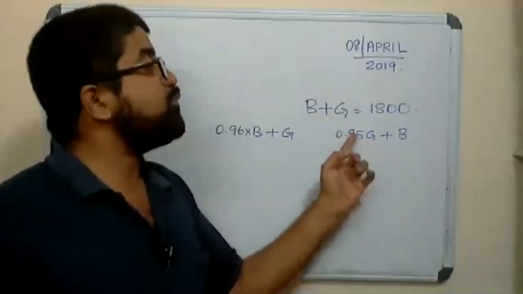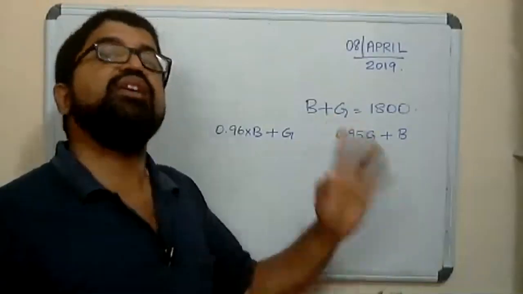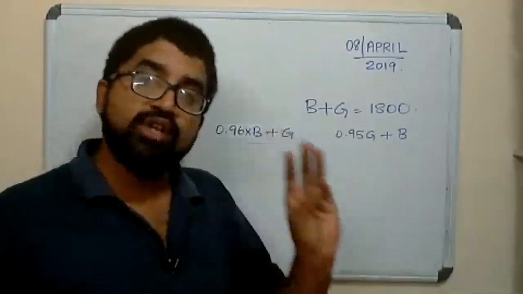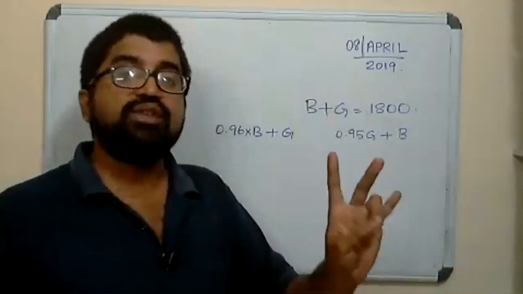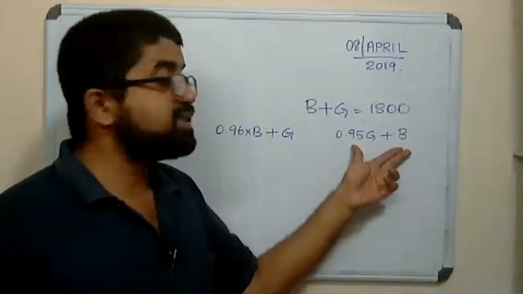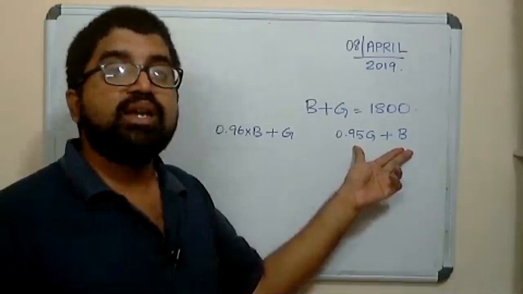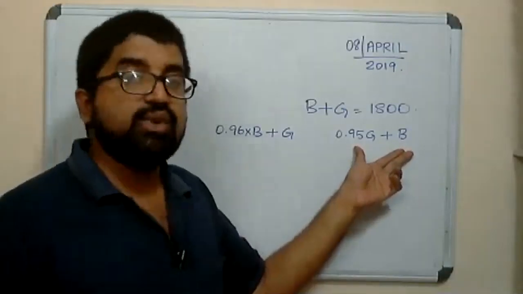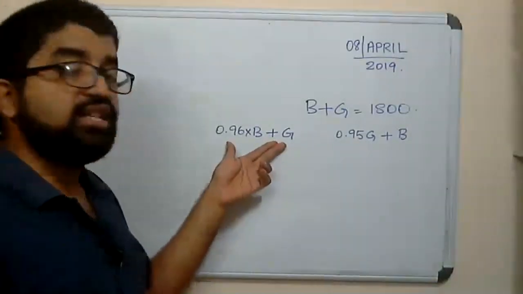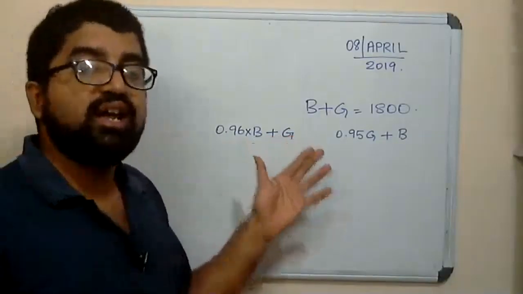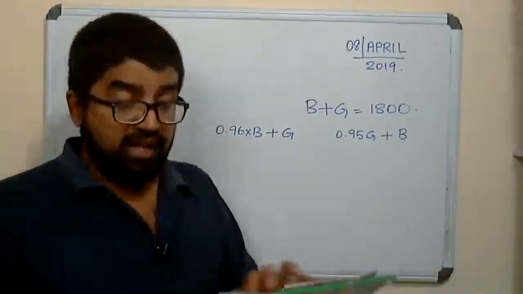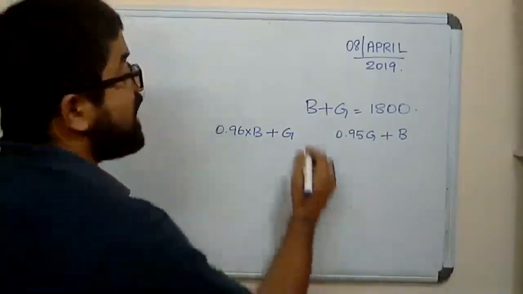That is, except 5% of the girls, every other student has attended the class. So all boys have attended, 95% of the girls have attended. If I add them, this is the total number of students who attended the class today. Likewise, 96% of the boys and all the girls attended the class the last day. It is given in the question that these are the same.